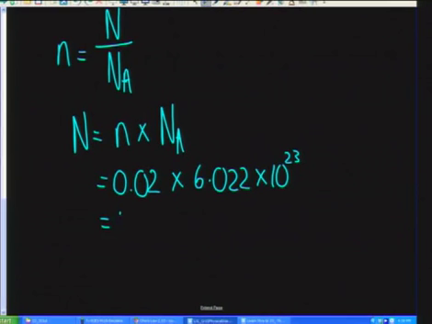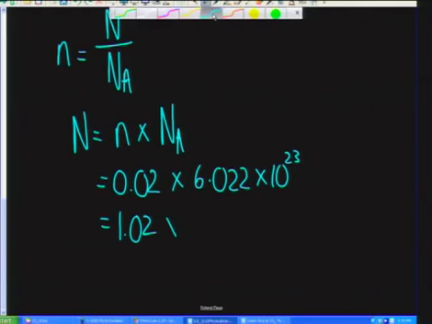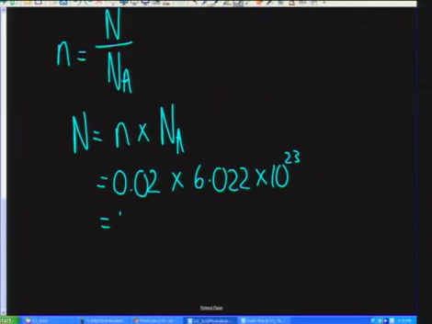We've got there 1.02. Was it 1.2? Just check it. 1.2. I made a mistake there. Let's just take that out. It was 1.20 times 10 to the power of, I think it was 22.